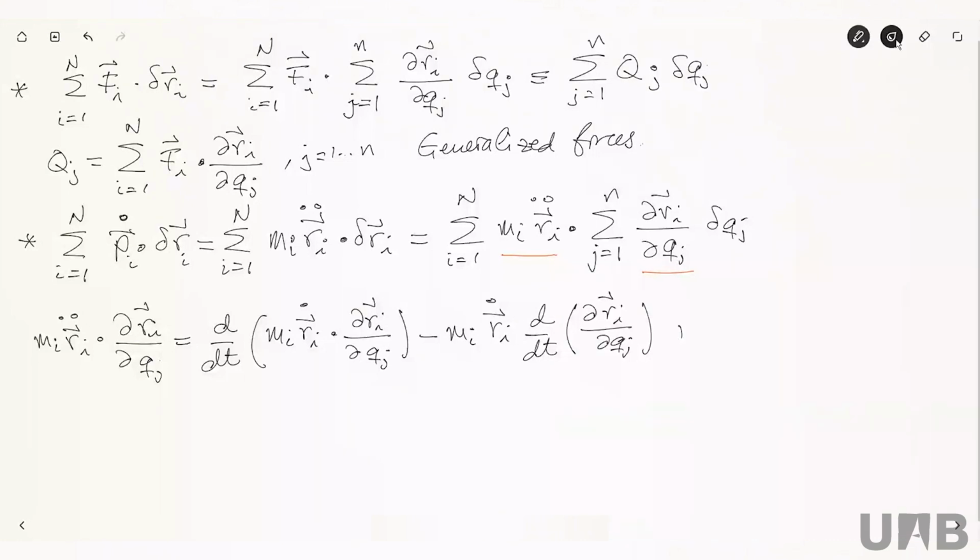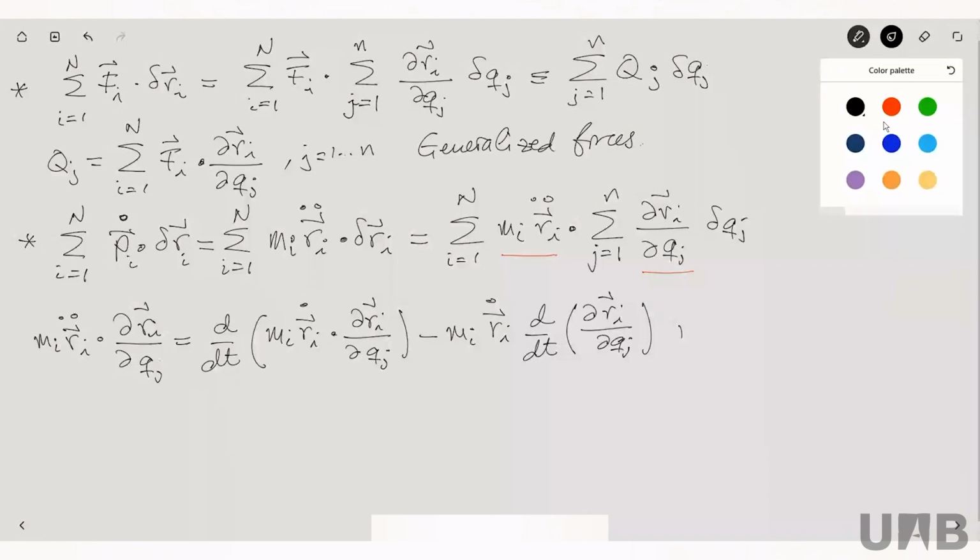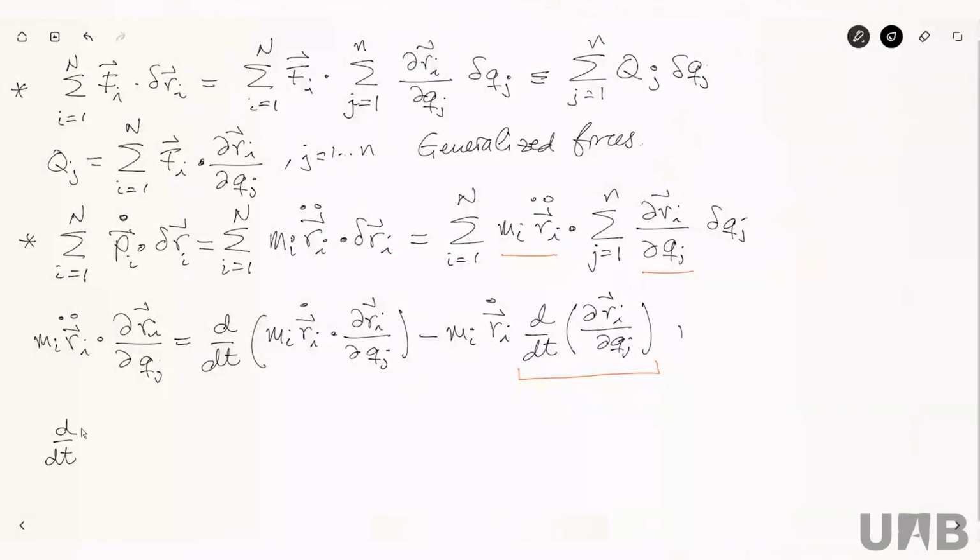Okay, so now we're going to compute this term right here. What is the derivative with respect to time of the derivative of r_i with respect to q_j? Now, r_i is a function, remember, of q and t.